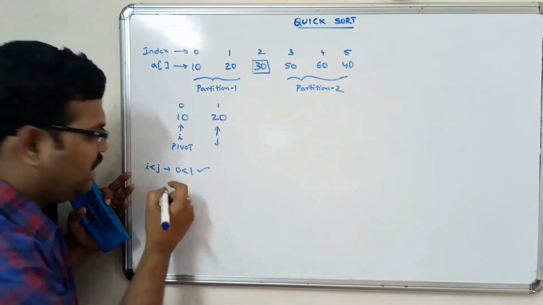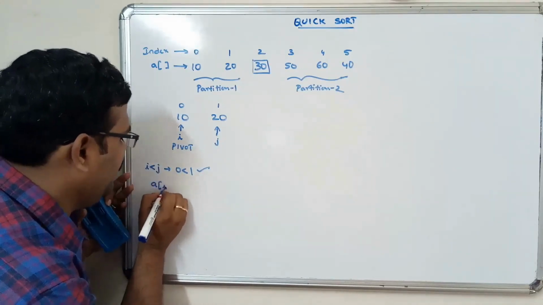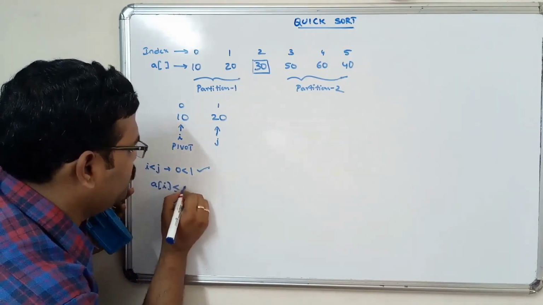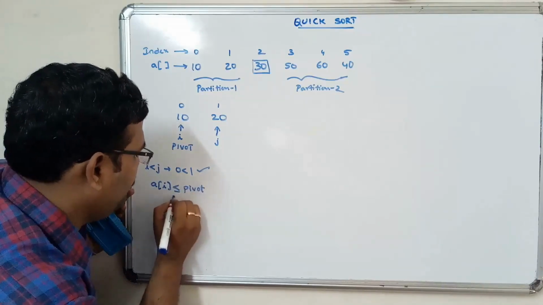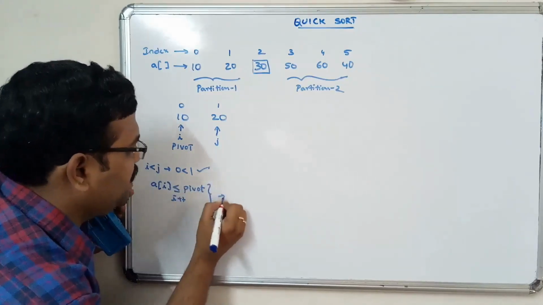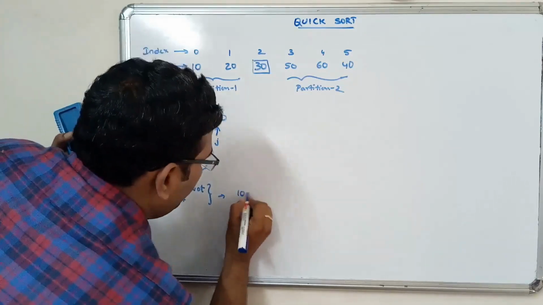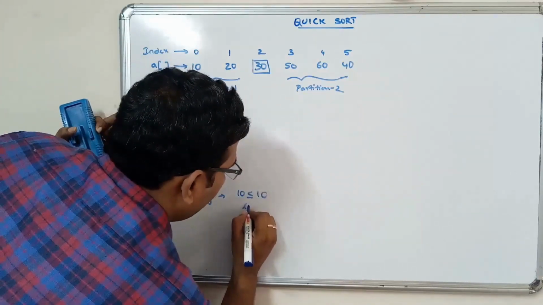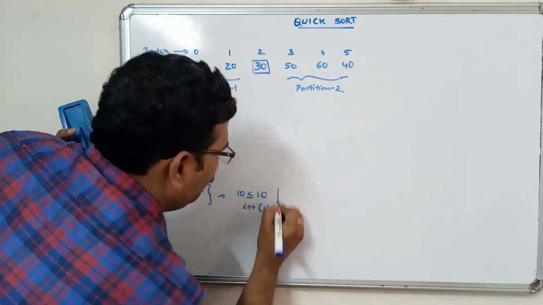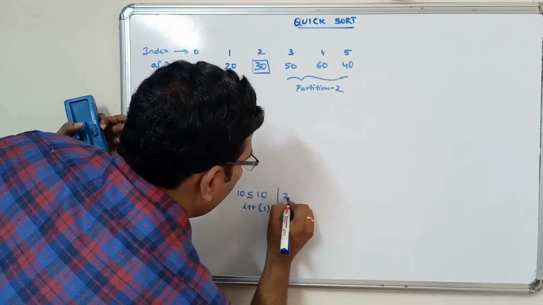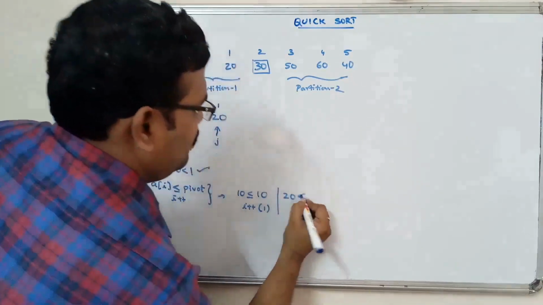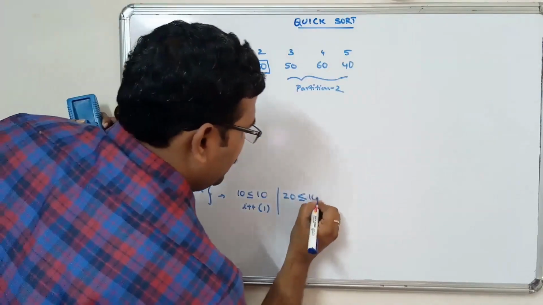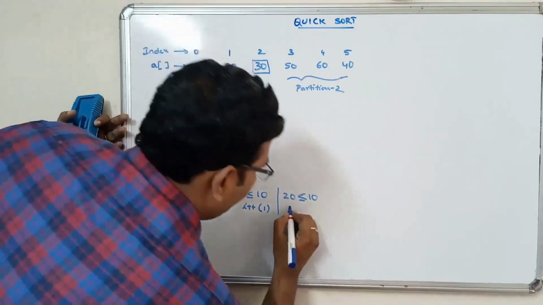Then keep on incrementing: A of I less than or equal to pivot, I plus plus. So 10 less than or equal to 10, I plus plus, that will be 1, and 20 less than or equal to 10, false.